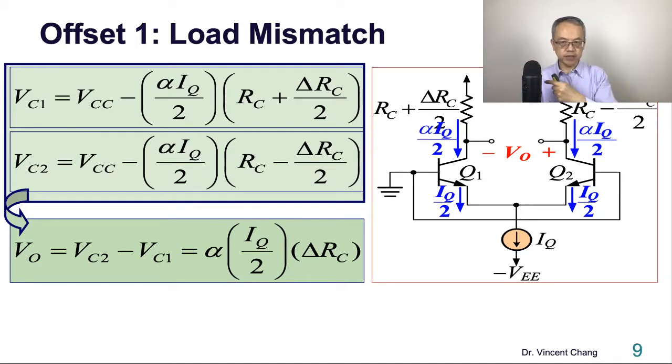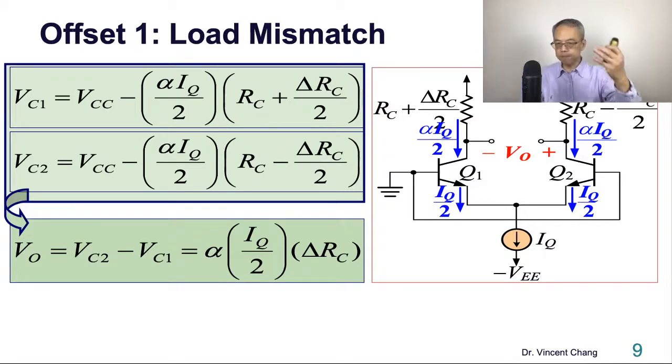VCC gets canceled out, RC gets canceled out, and only one item is left, the delta RC item. First step, input grounded. Second step, DC output offset voltage. What's the third one?